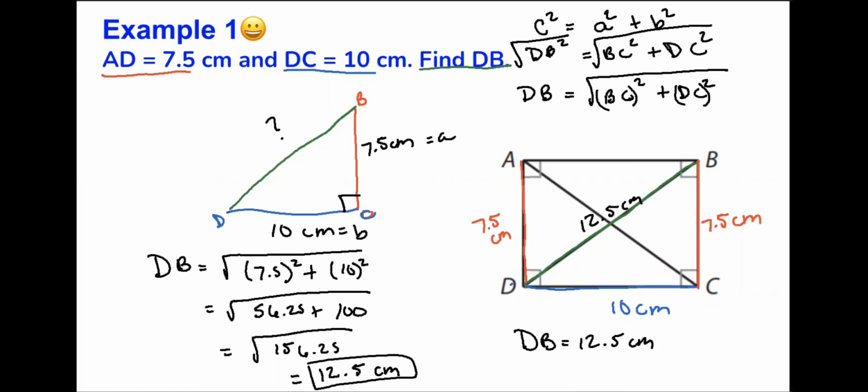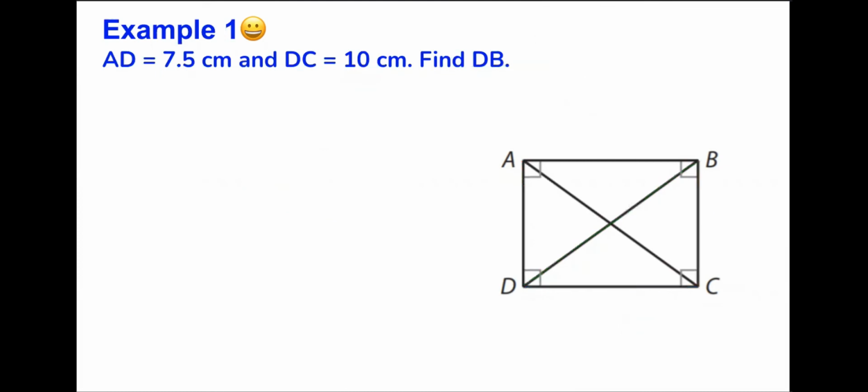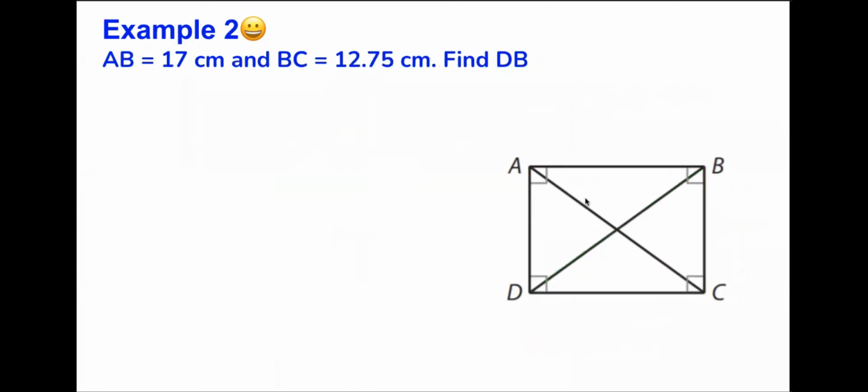Okay. Let me go ahead and clear. All right, so let's go on to the next one, example number 2. We have AB is 17 centimeters, BC is 12.75. We have to find the measurement of DB once again, but let's see what information is given. We're given AB. Did I do it in red last time? Yes, I did.